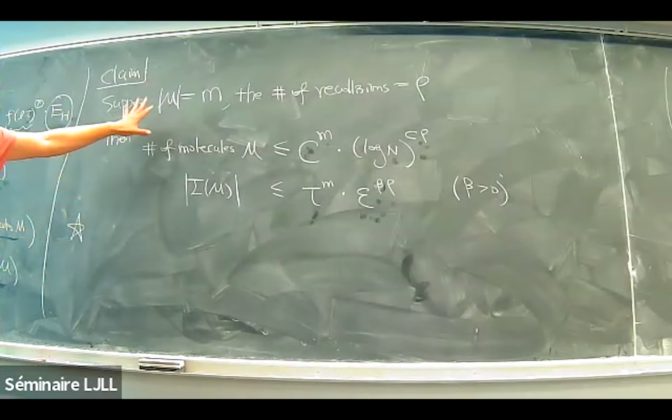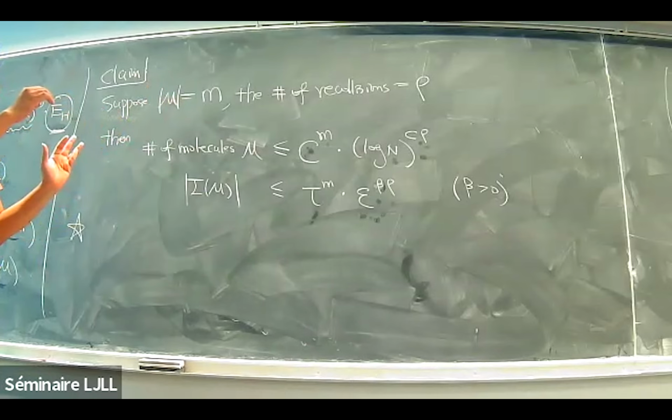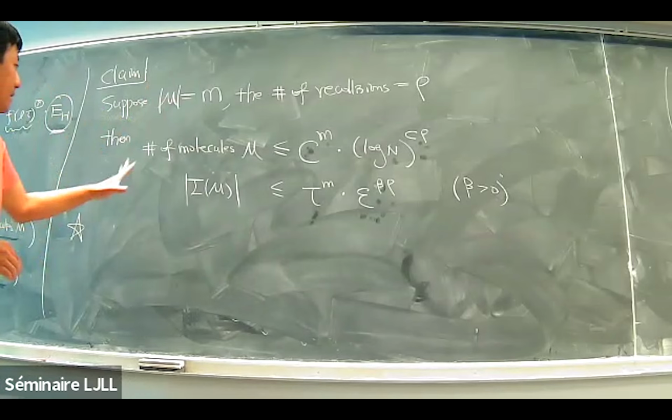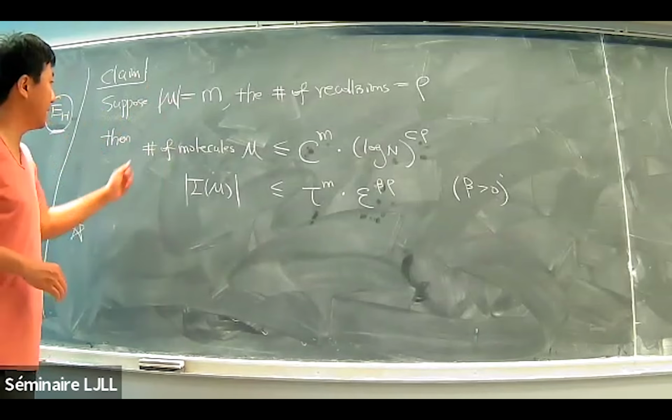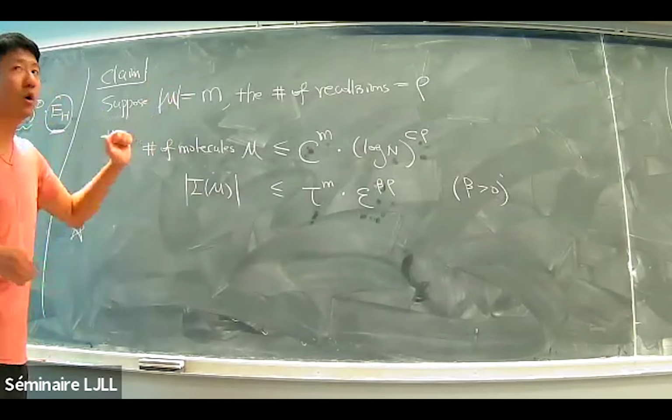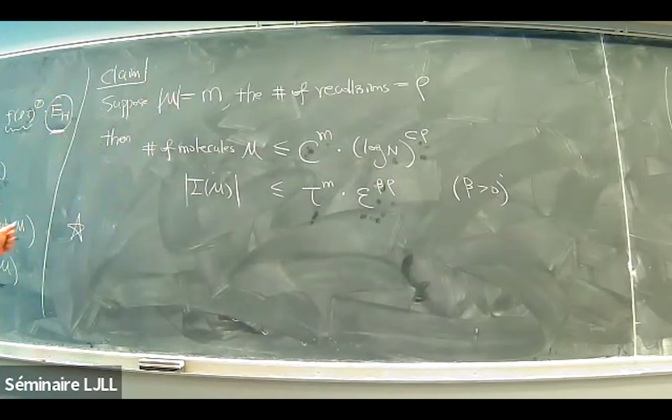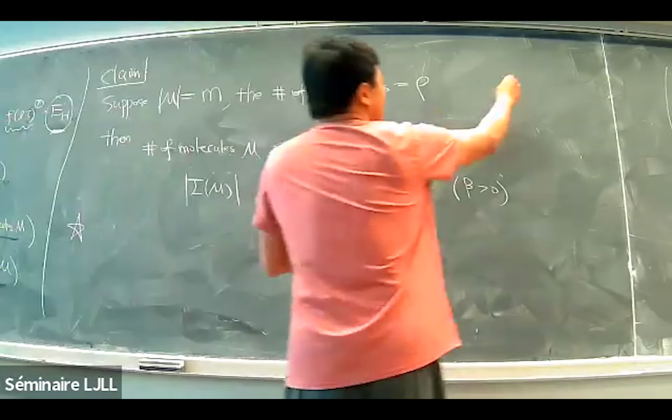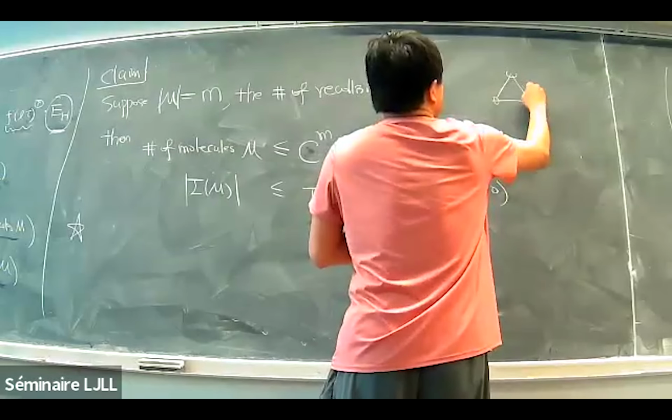The size of the whole molecule, the number of atoms. The total number of atoms that you have. Yes, which is comparable to the total number of particles, which is comparable to the total number of collisions, under our assumption, this generic, this kind of typical case. And the recollisions are any cycle. Any cycle. So think of it like, if you have this, there's one cycle.